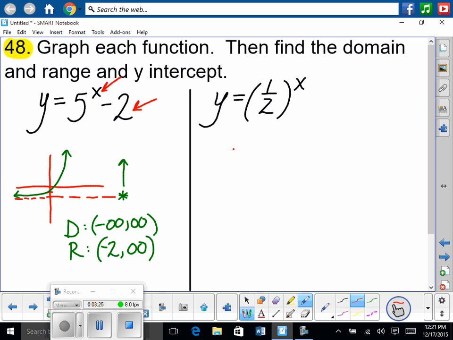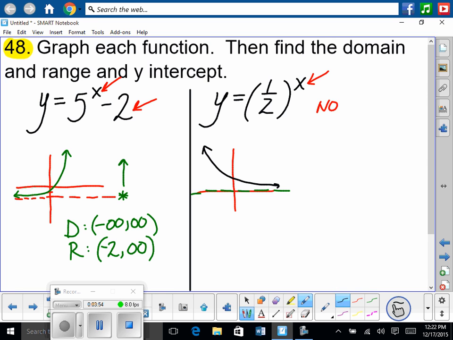So on this next one, once again, there's no shift left and right, and there's no shift up and down. So our asymptote is just the horizontal line y is equal to 0. So then from there we can graph it, type it into your calculator, and it looks something like this.